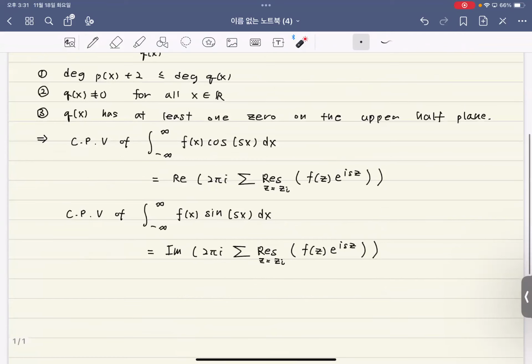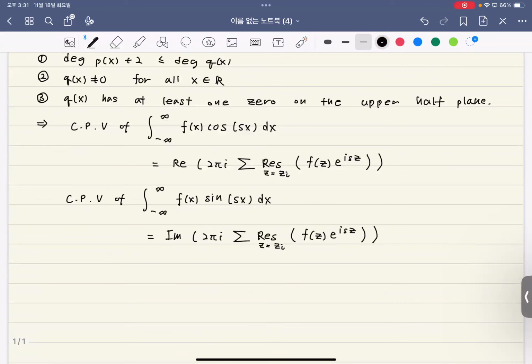Okay, all right. So let me quickly turn to the example of this theory. This time I want to compute the integral of cosine 2x over (x squared plus 4) squared dx.